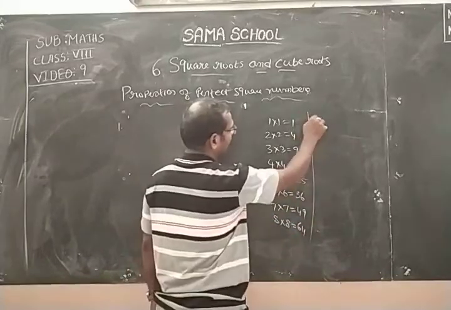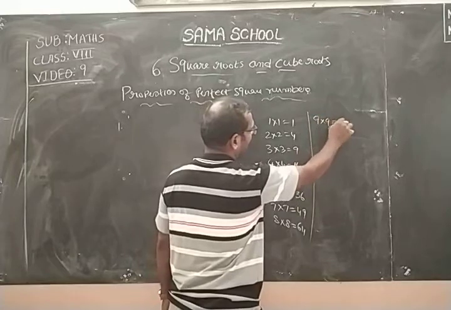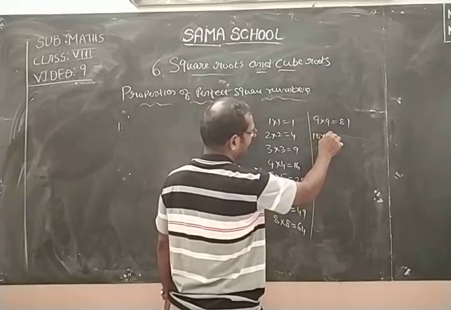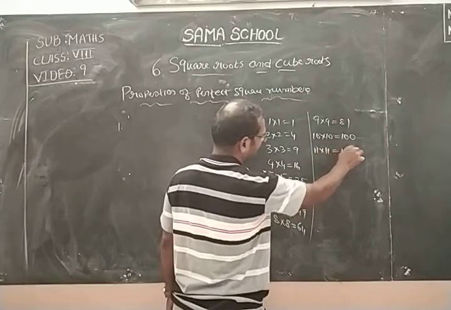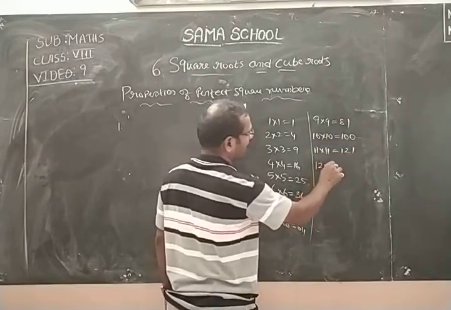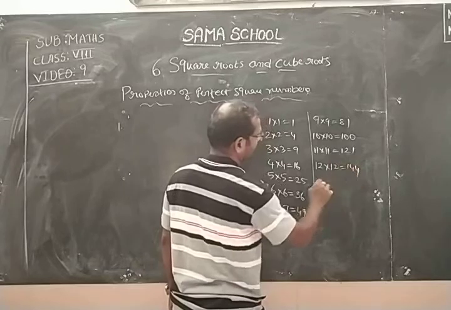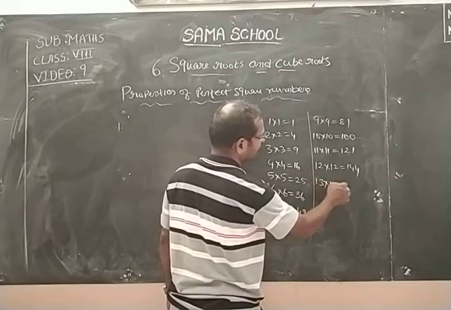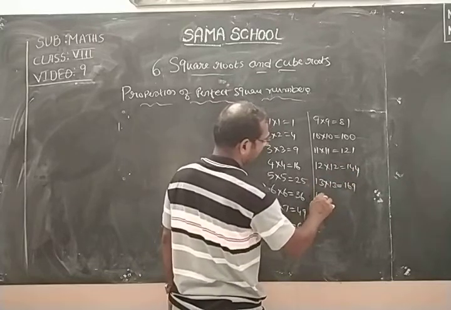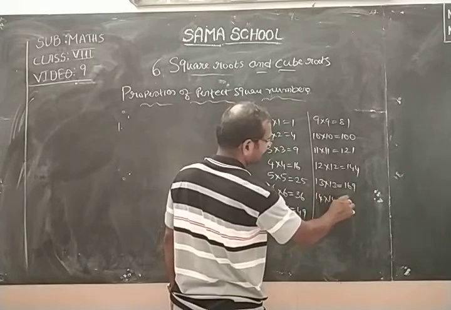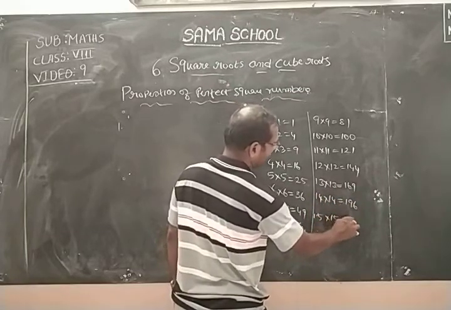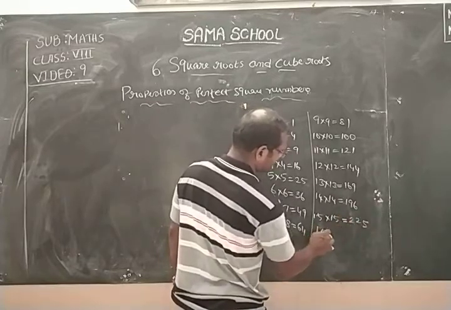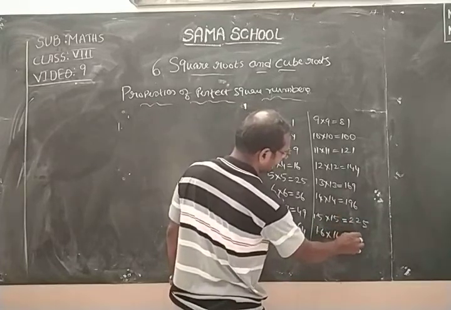Like that, 9 into 9, 81. 10 into 10, 100. 11 into 11, 121. 12 into 12, 144. 13 into 13, 169. 14 into 14, 196. 15 into 15, 225. 16 into 16, 256.